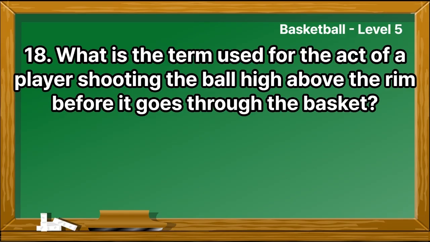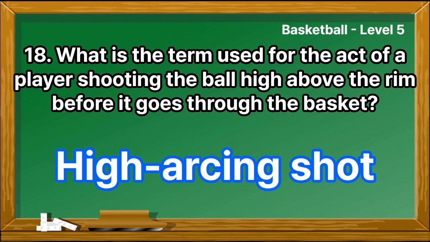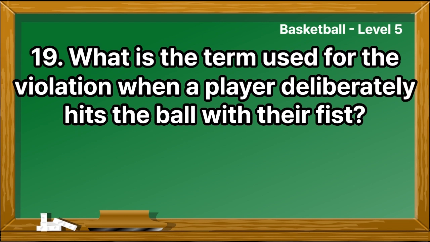What is the term used for the act of a player shooting the ball high above the rim before it goes through the basket? High arcing shot. What is the term used for the violation when a player deliberately hits the ball with their fist?